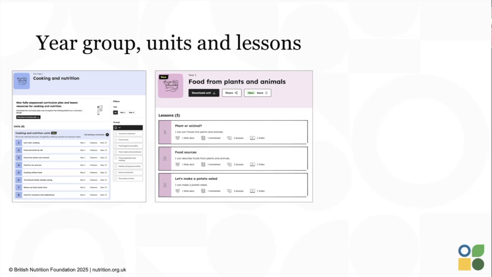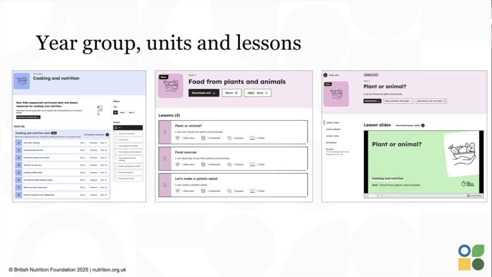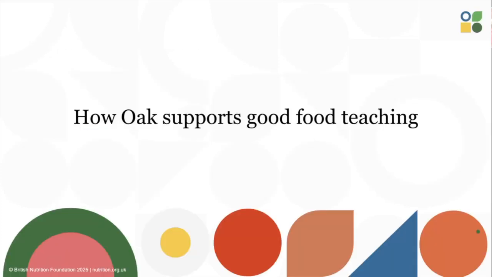Because what we try to do is make it interesting and engage and motivate the learner too, through practical activity, or it might be sensory evaluation, sensory testing. And then when I go into a lesson, you get more of the detail. You can get the lesson slides, the quizzes, which I'm going to go through with you very, very shortly. Now I'm going to hand over quickly to Frances, and she's going to talk to you about how the Oak curriculum supports good food teaching in school.